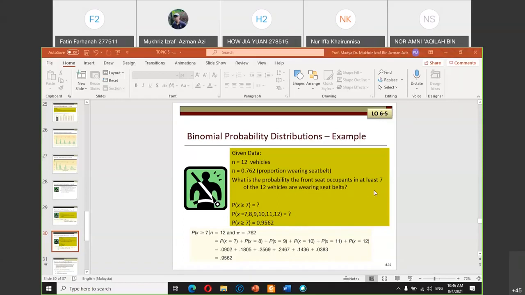But if you want 7 to be included, besides the words at least, it can also be 7 or more. What is the probability that the front seat occupants in 7 or more? The word or usually means the value 7 is included. 7 or more means 7 until 12. So here is the manual process.